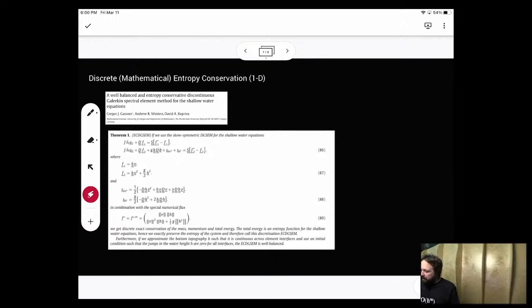So it's not just adding these additional terms. I actually need to get away from using the local Lax-Friedrichs Riemann solver. And then, of course, in addition, I need to change over to the Gauss-Lobatto points. But like I said, I'm kind of interested in doing a comparison, so we'll be doing that next.